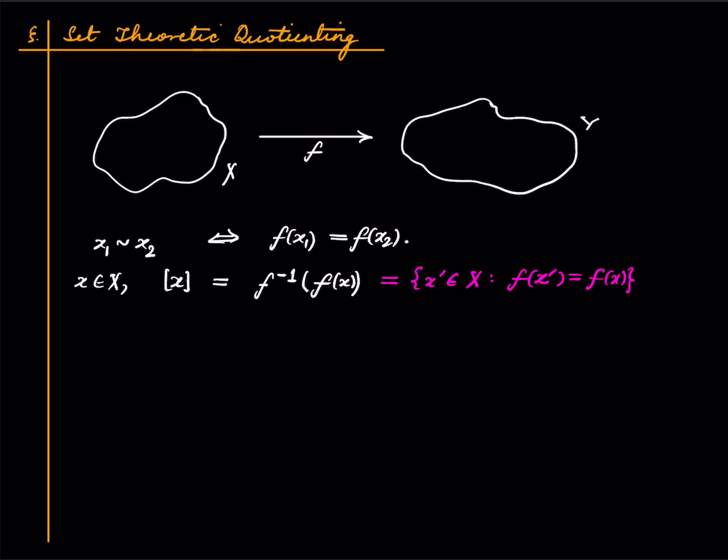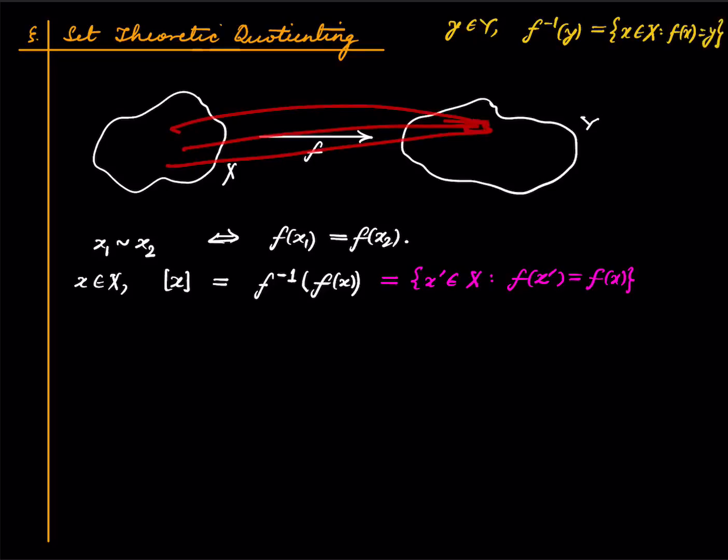So in general, if y is in capital Y, then f inverse of y is defined as those x's such that f of x equals y. It's those points which map to y. This may be empty, so we are not insisting that f is surjective or any such thing. This set may be empty, and this notation is also not meant to indicate that f is invertible or any such thing.